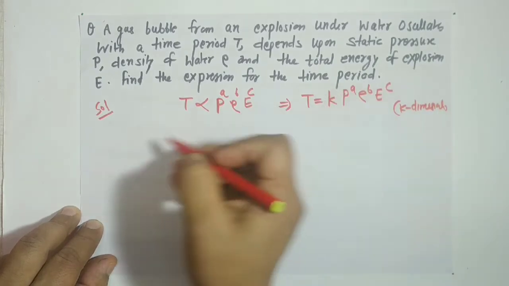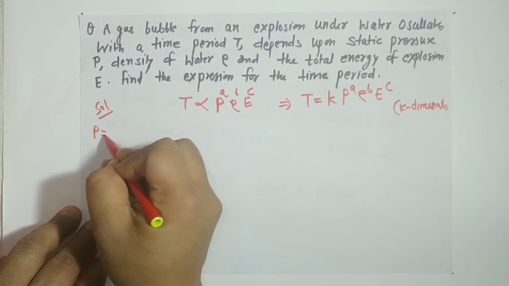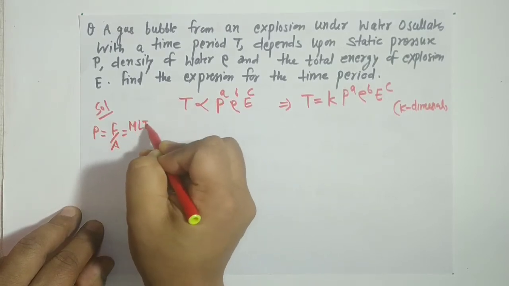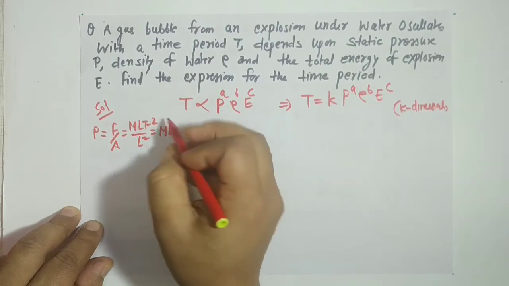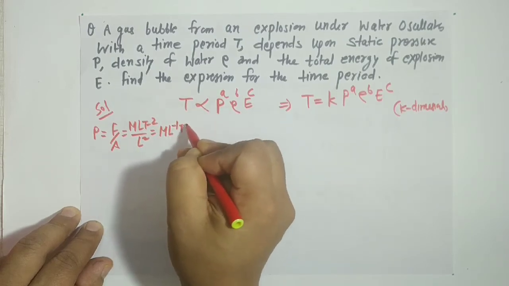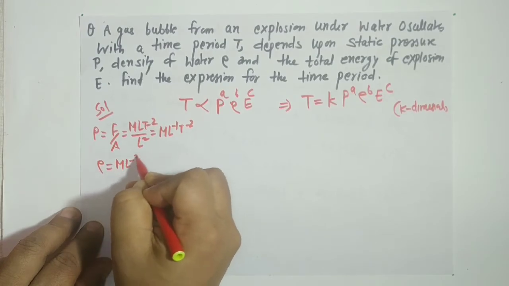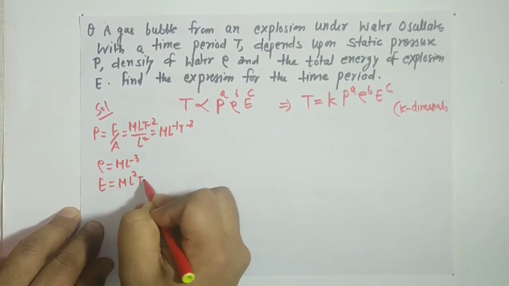Now we will replace by dimensions. We know the pressure dimension. Pressure is force per unit area, so MLT^-2 over L^2. If you remember, you can directly write ML^-1T^-2. And then density is ML^-3. And energy, I think all of you know, is ML^2T^-2.